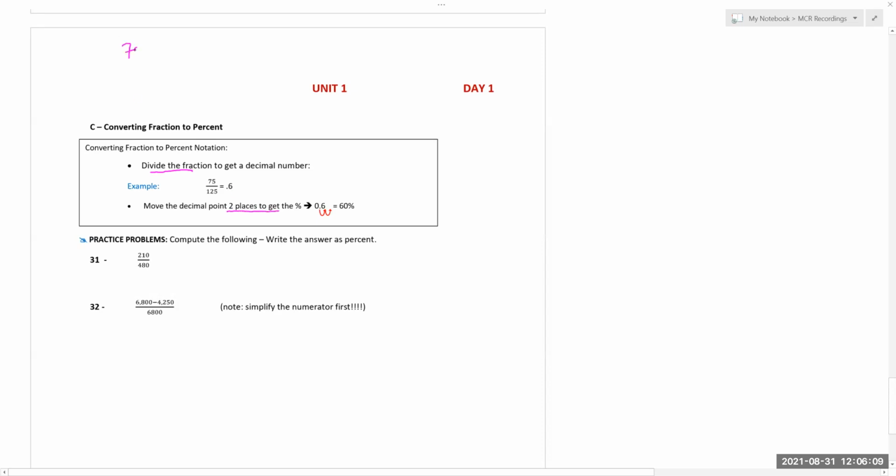So if I took 75 out of 125, I would just divide it, put it in your calculator as is, and then multiply that by the 100% to get the 60%. Okay. So for this one, it'd be 210 over 480. Divide that directly, it gives 0.4375, and then multiply it by 100%.